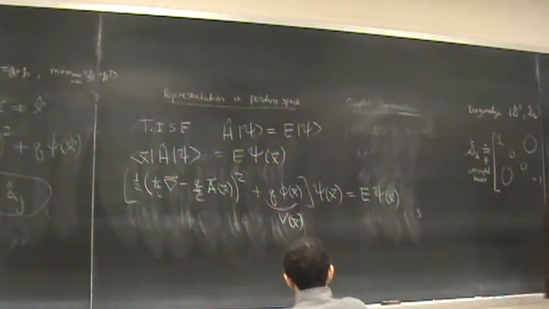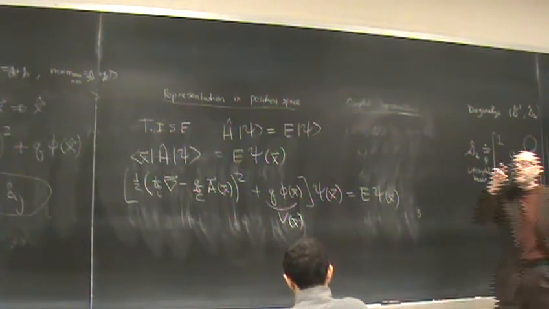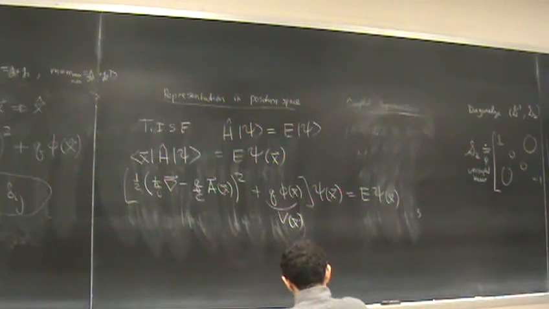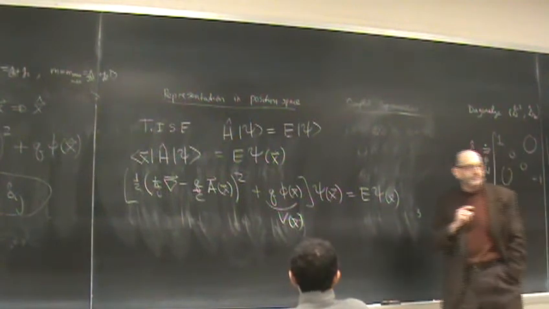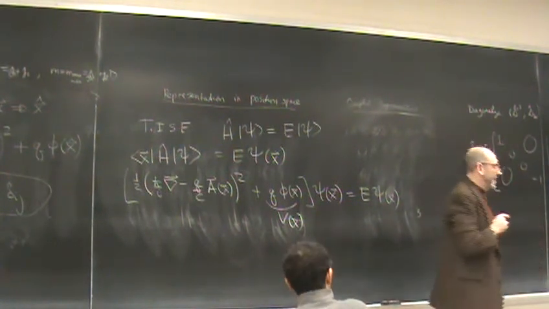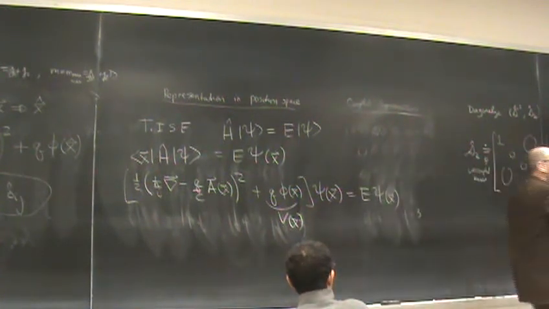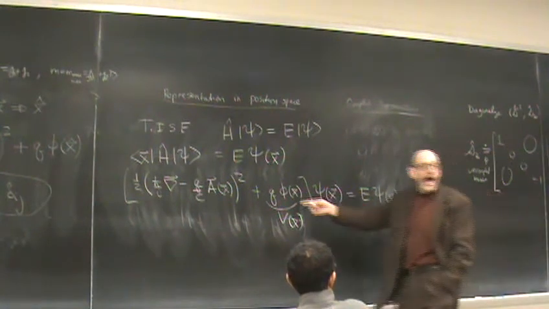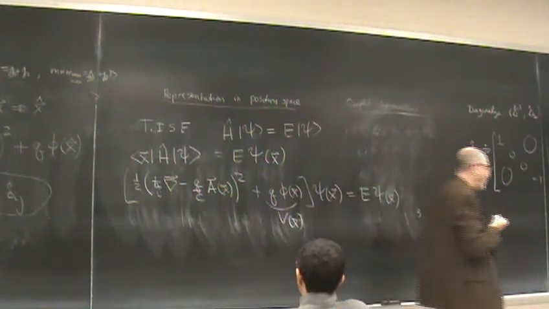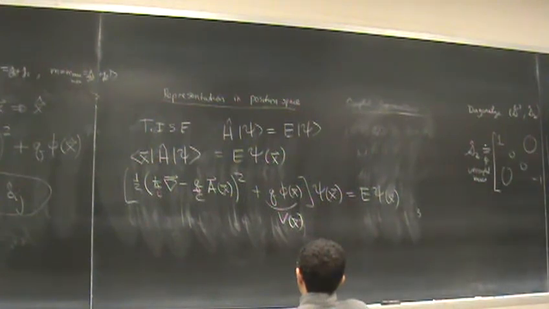Now, here's a very important point. We said, on the front board, that we should be able to make a gauge transformation, change the vector potential by adding to it the gradient of a scalar without changing the physics. That has to be true. So how do we account for gauge invariance here in the Schrodinger equation?